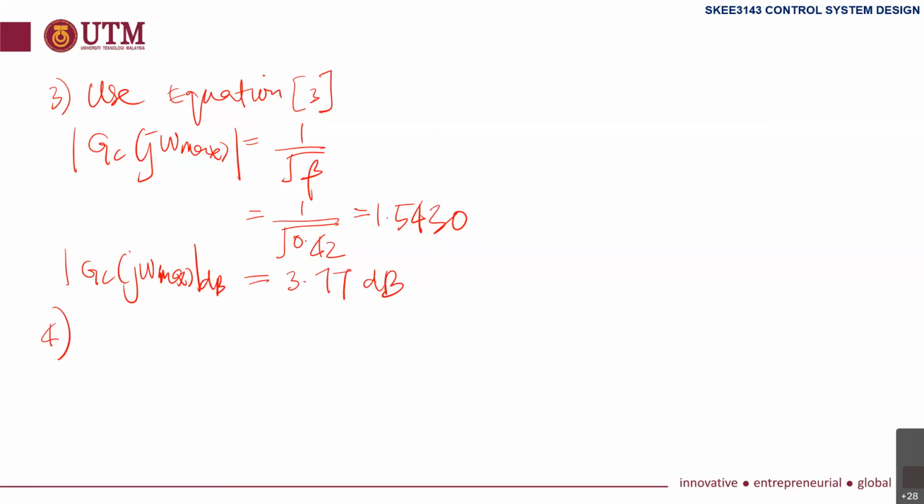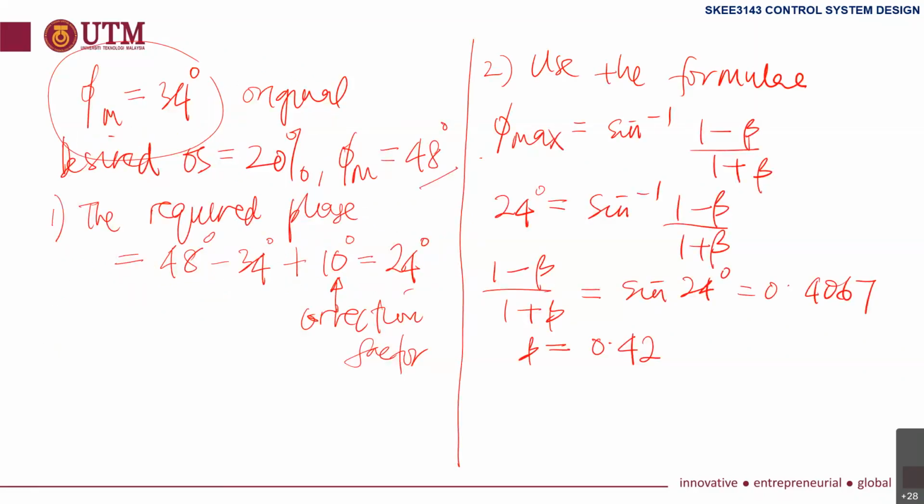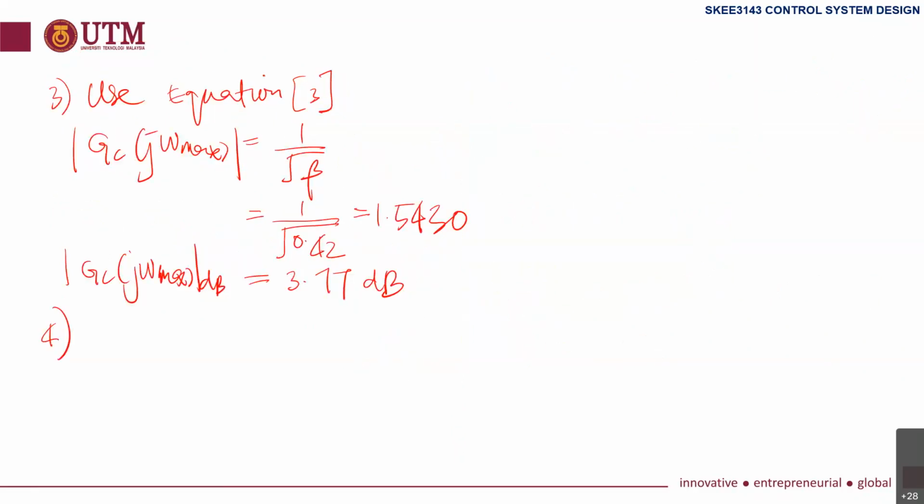So we have applied two equations. First equation 2, then once we get beta, we calculate the magnitude at omega maximum, 3.77.